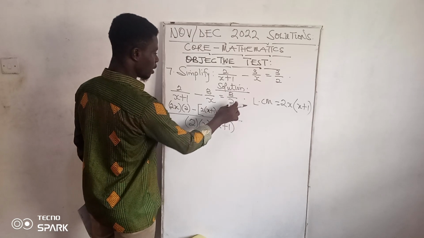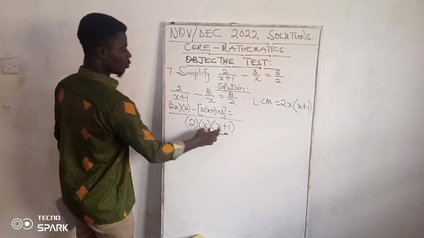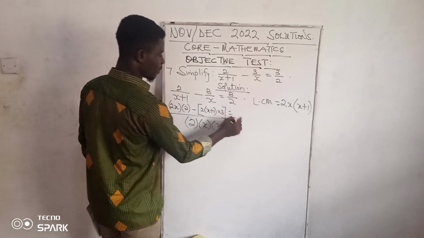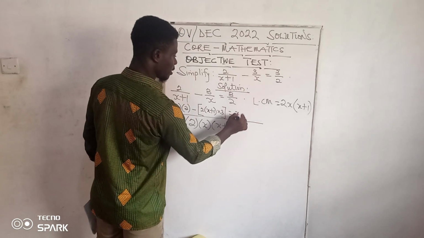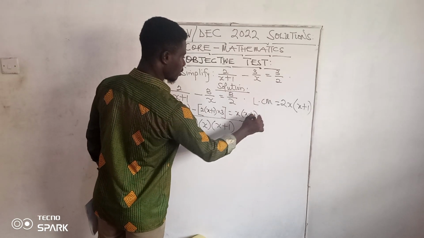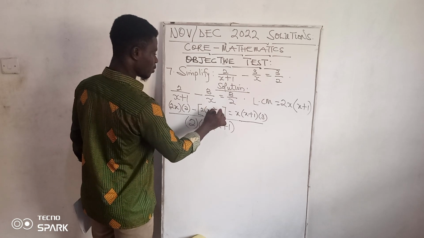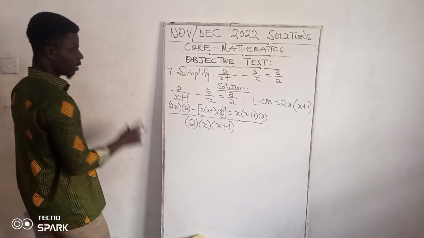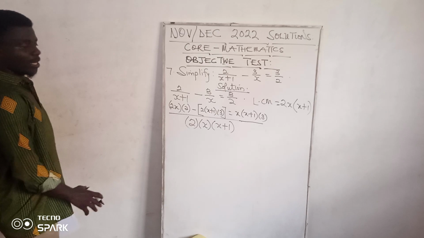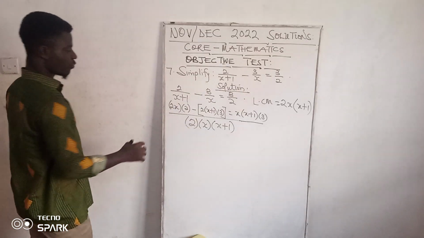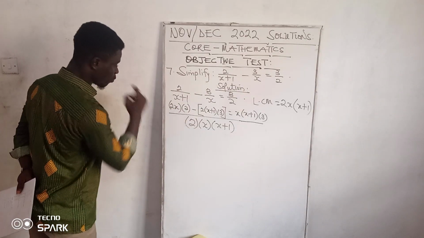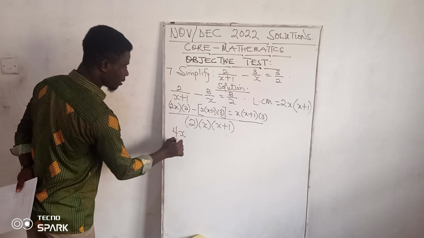So equals, now 2 takes away that, so I'm left with x times x plus 1, then times 3. So now I forget about the LCM and concentrate here. 2x times 2, I get 4x.